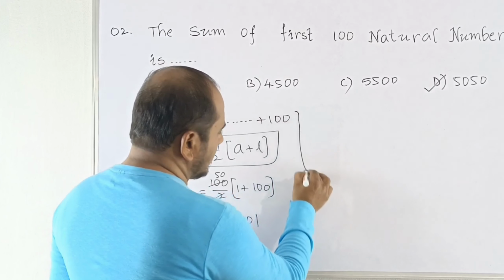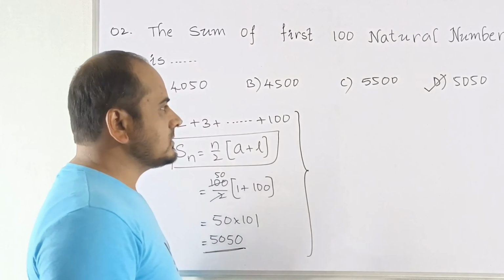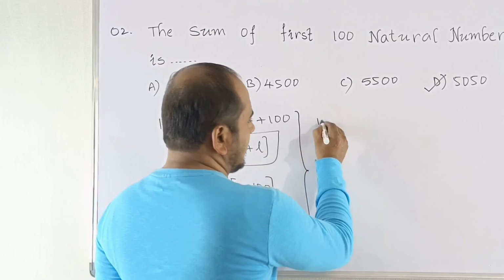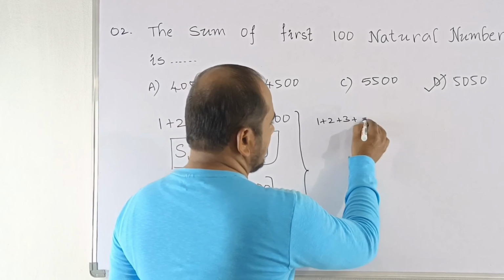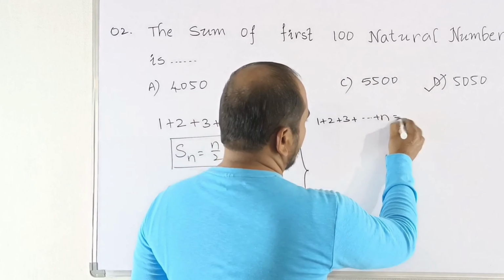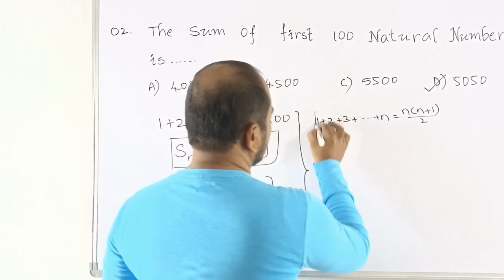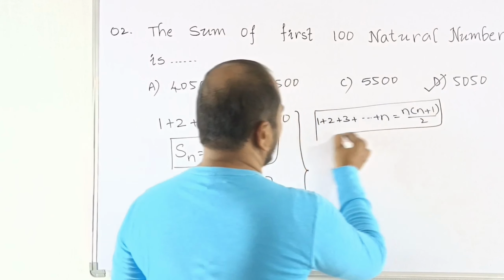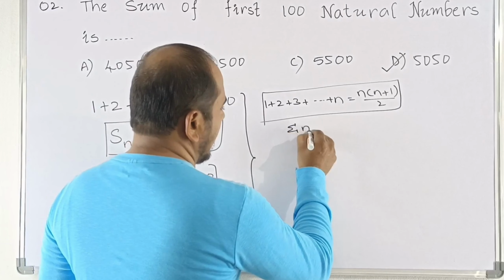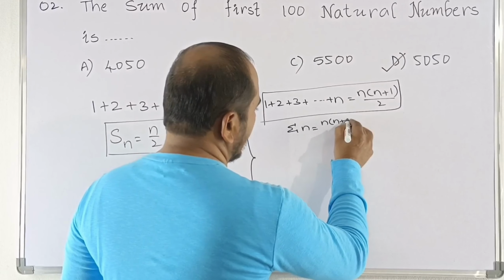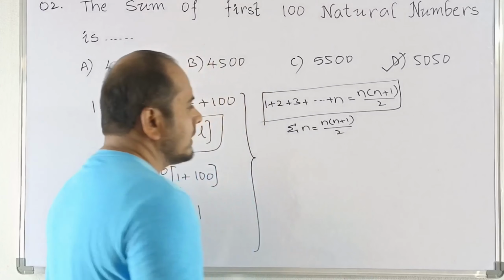Instead, I can suggest you one more method, that is sum of first n natural numbers. Sum of first n natural numbers is n into (n plus 1) by 2. This is the formula, my dear. You have to remember. Sigma n is equal to n into (n plus 1) by 2.